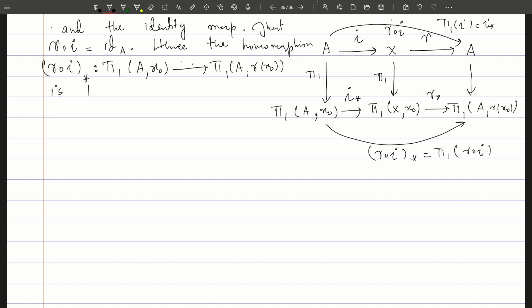So this is the trivial homomorphism, and hence injective, because trivial homomorphisms are bijective.